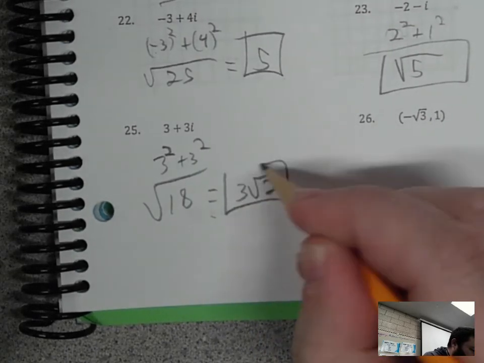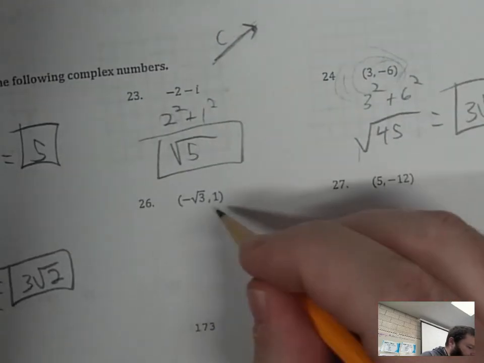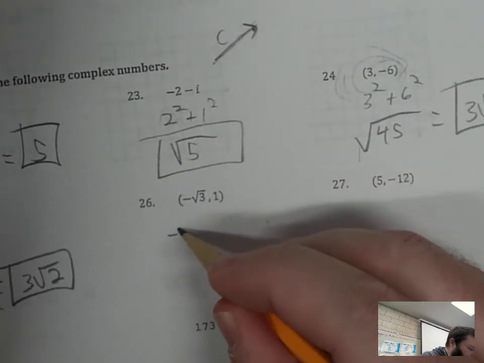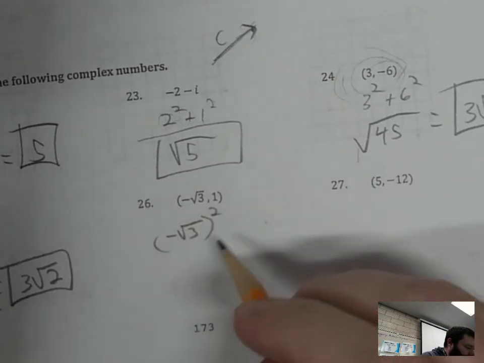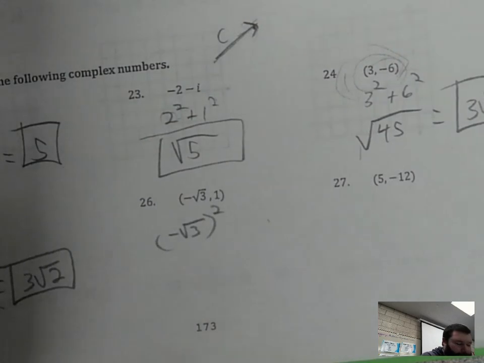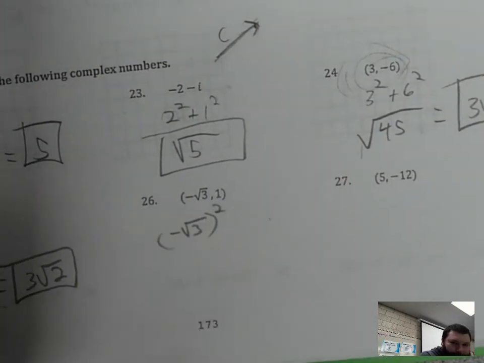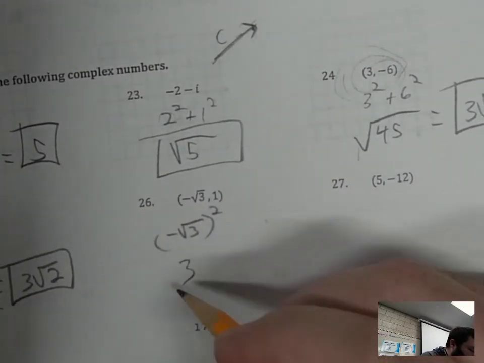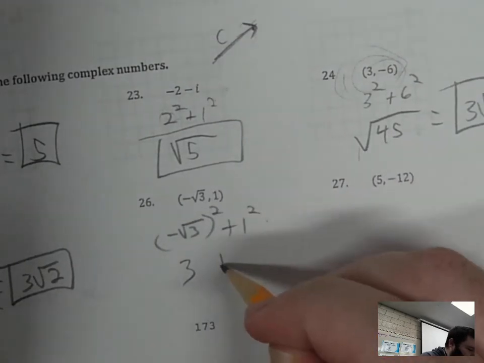3 root 2. Okay. And then this one, when you square a root, this would be the negative square root of 3 times the negative square root of 3. So without the negatives, the roots would cancel out, right? With the negatives, the roots still cancel out, but the negatives do too. So it would just become 3, and then 1 squared is 1.